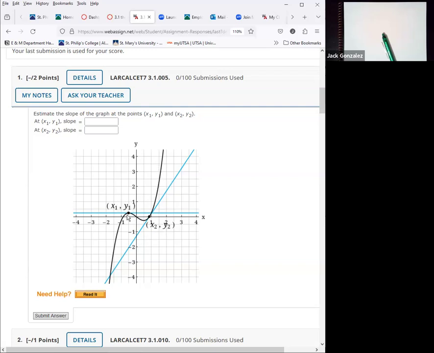So here are 2 points. We can find the slope through those 2 points, right? Technically, we can do, oops, that's not quite right.